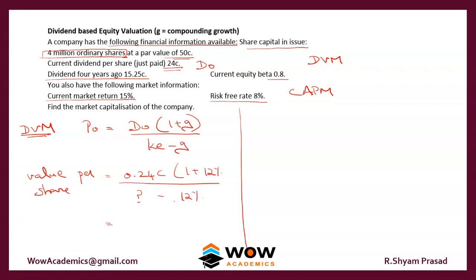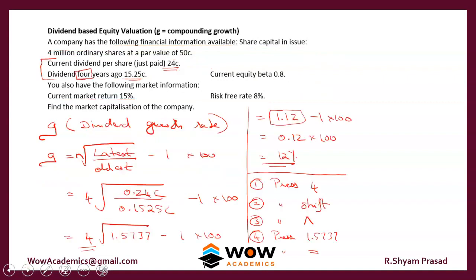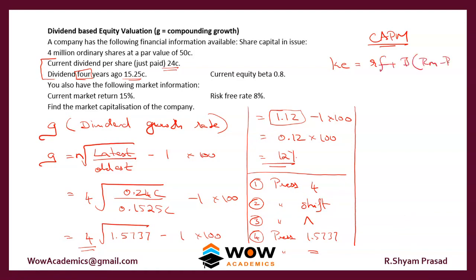So now we have to find out the KE. How will we find out the KE? All information for KE is given here. For example, to find out KE through the CAPM method, KE is equal to RF plus beta times (RM minus RF).